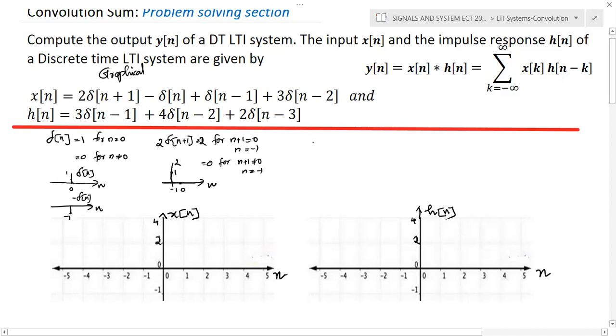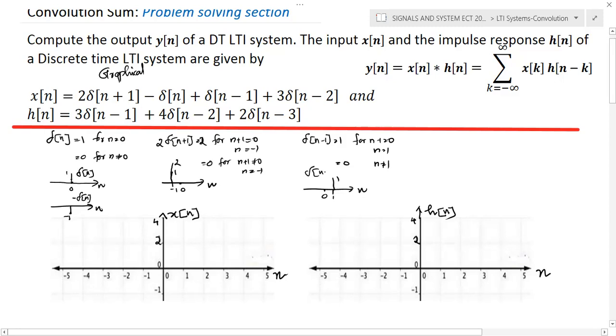Similarly, if you observe del of n minus 1, it exists at n minus 1 equal to 0 or n equal to 1. Or you can say when n is not equal to 1, it becomes 0. And here the amplitude is 1, so you can simply draw the signal. This is the index value 1. At 1, the signal amplitude is 1.